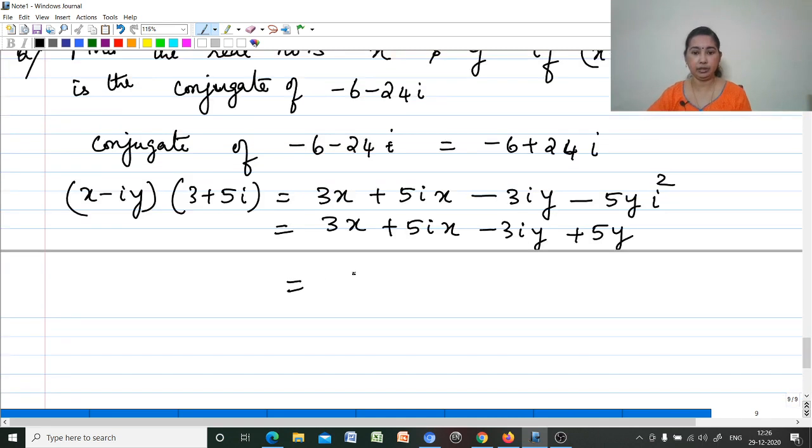So the real part is 3x plus 5y and the imaginary part is i into 5x minus 3y.